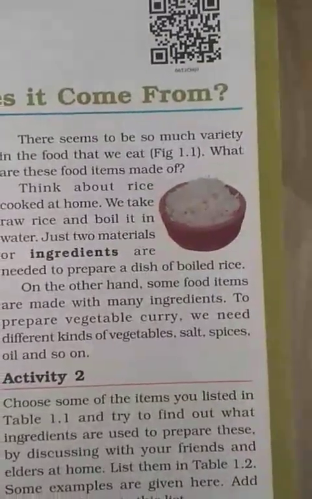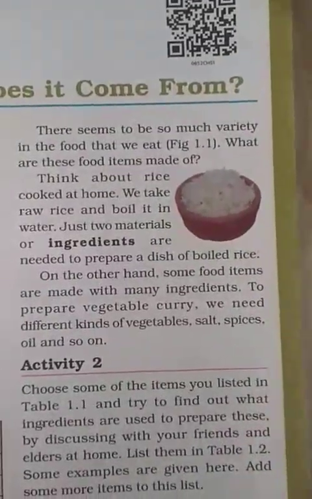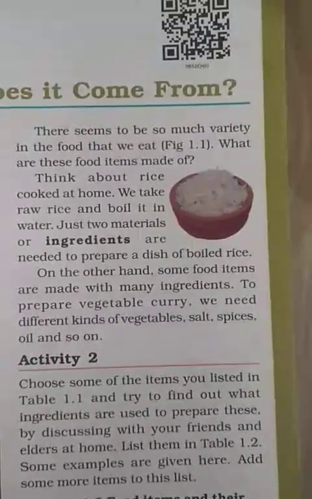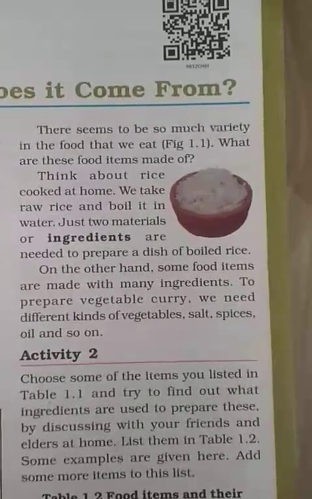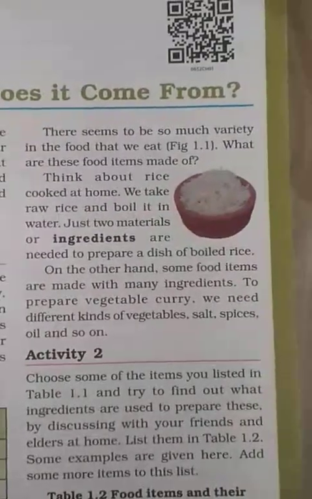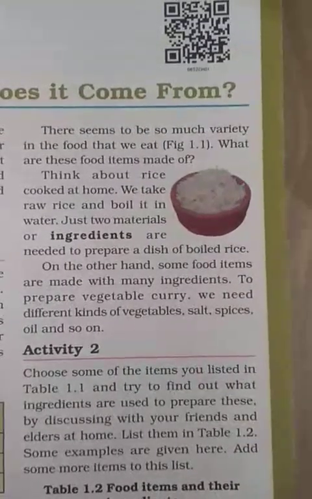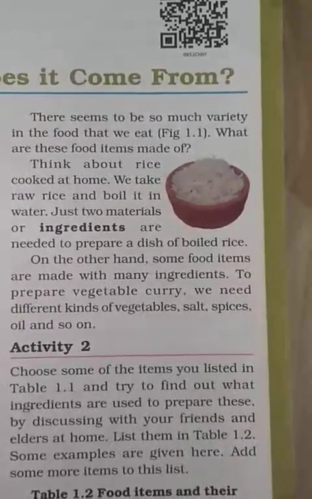Now there seems to be so much variety in the food that we eat. What are these food items made of? We are eating different kinds of foods, but do you know which ingredients they are made of? Think about rice. We take raw rice and boil it in water.